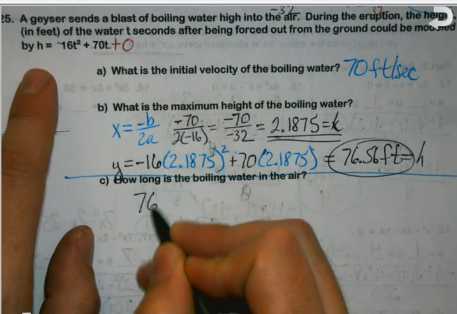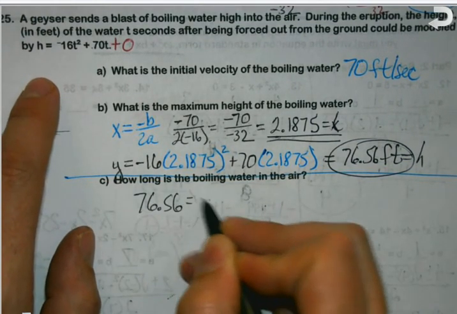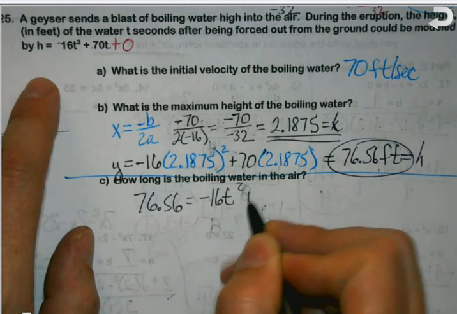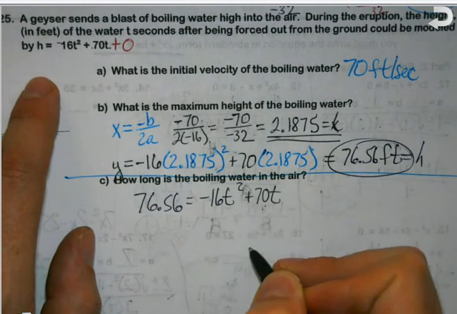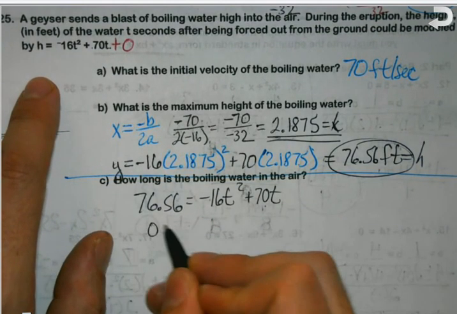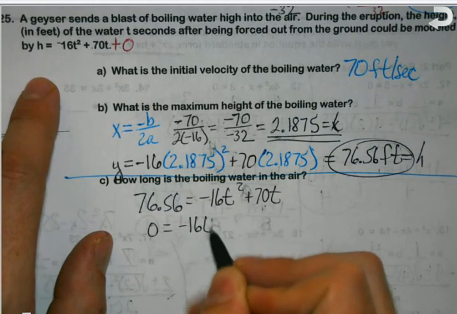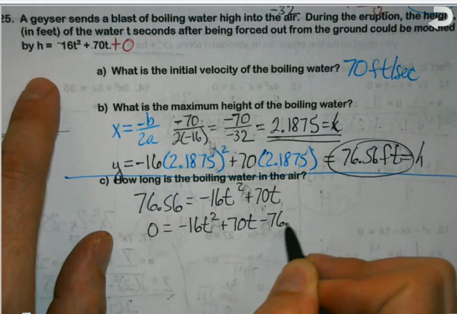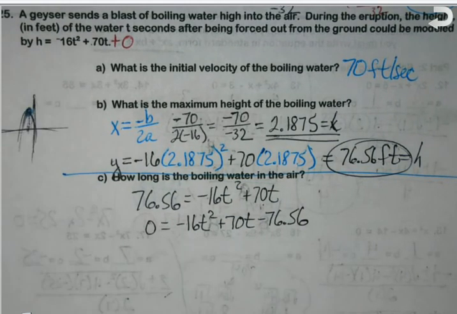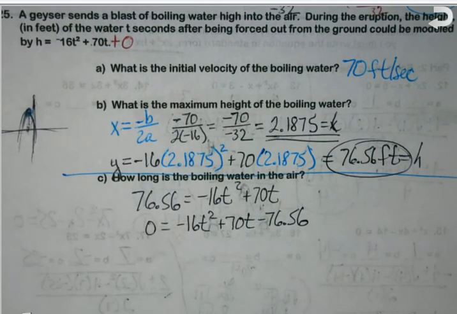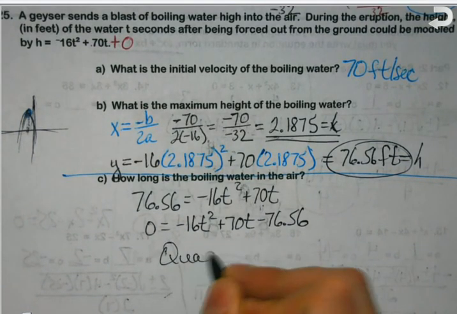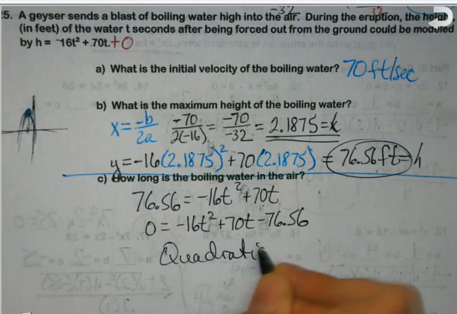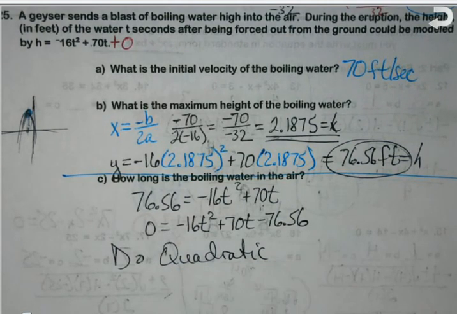So if I wanted to solve this, I would take this equation, I'd get all my terms to one side, and then I'd just do the quadratic formula on it. That's just one of those, if you wanted to see for future reference how this might possibly work, and then I'd do the quadratic on this. But we've done the quadratic so much already, I won't put you through anymore.